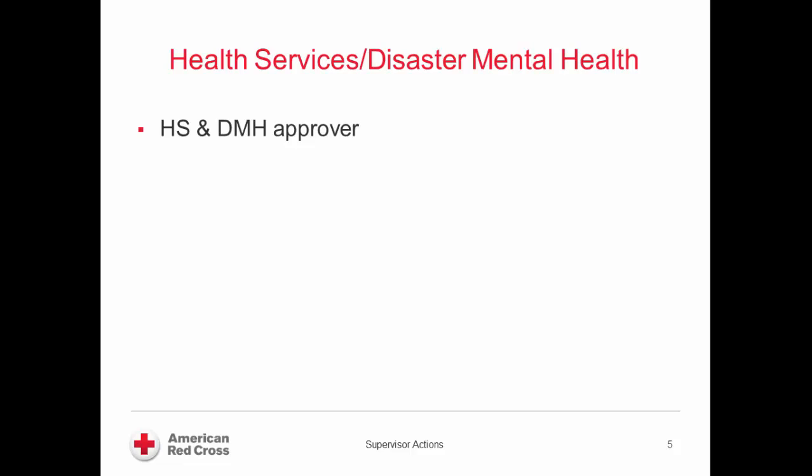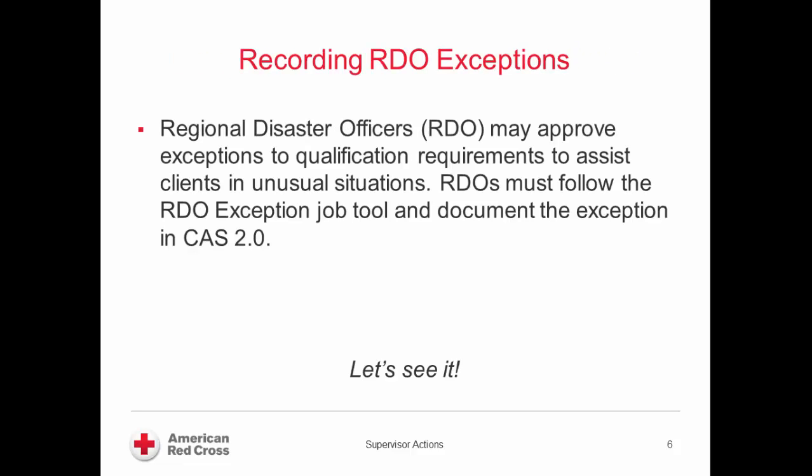There is also a field for health services or disaster mental health approver, the person who is approving assistance to a client. And then there is the recording of RDO exceptions. Regional disaster officers may approve exceptions to either the qualification requirements to assist clients in unusual situations. They have to follow the RDO exception job tool, and that exception is documented in CAS 2.0.